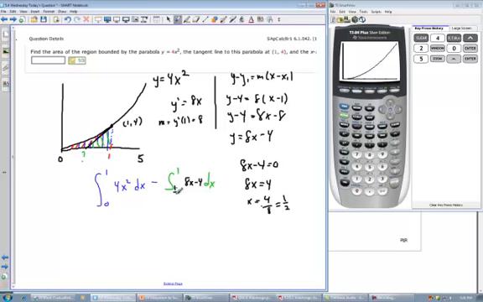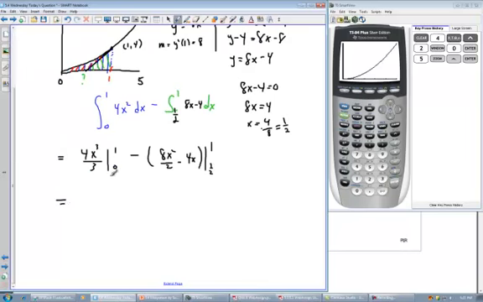So 1/2. All right, I'm going to do these two integrals separately, so this is going to be equal to 4x cubed over 3 from 0 to 1, minus what? Minus 8x squared over 2 minus 4x from 1/2 to 1.